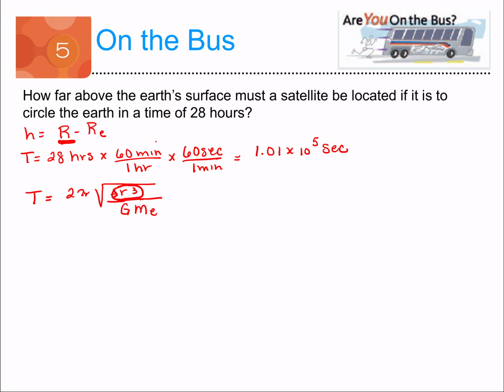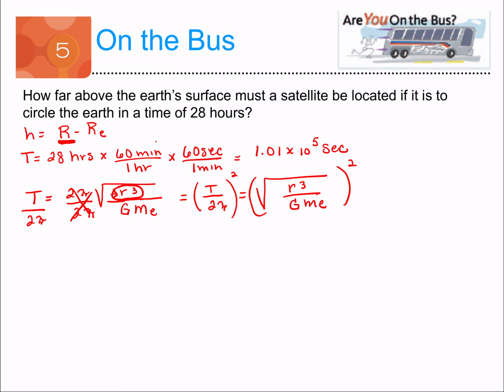Okay, so let's do some rearranging. The first thing, we want to get rid of this 2 pi. So let's divide out 2 pi by both sides. Okay, and then that's going to leave us T over 2 pi equals the square root of r cubed over g times the mass of the Earth. And then we're going to square both sides, and that's going to leave us T over 2 pi squared equals r cubed over g times the mass of the Earth.